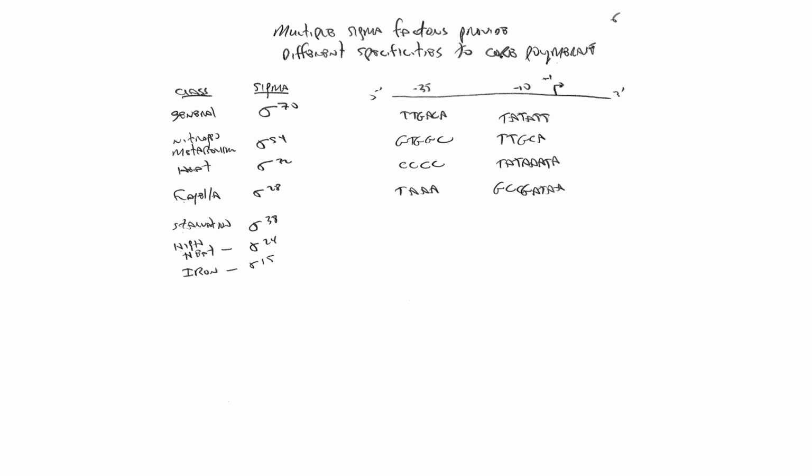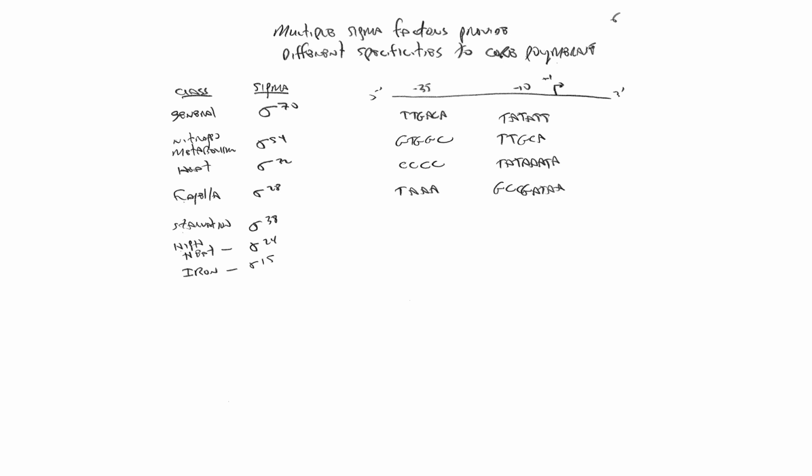Turns out that these different sigma factors control the specificity of the polymerase, and allow it to target different classes of genes, different groups of genes that give rise to proteins with specific functions. So, for example, if you look at the second one, there are a number of genes that are involved in nitrogen metabolism.